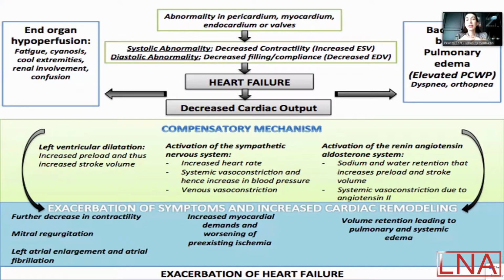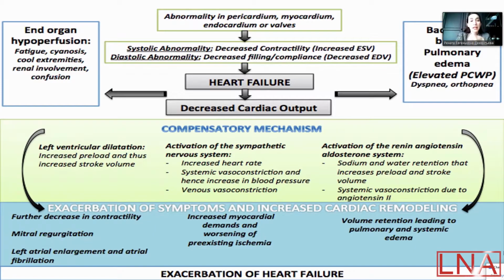But at first, the normal organism activates compensatory mechanisms, the main ones for regulating blood circulation. Left ventricular dilatation increases preload and thus increases the stroke volume, as compensation. Activation of the sympathetic nervous system has positive chronotropic effects on the heart, increasing heartbeat, and causes systemic vasoconstriction, intensifying the level of blood pressure.